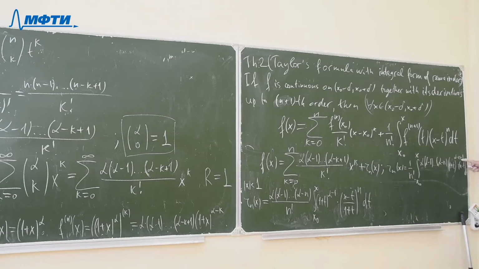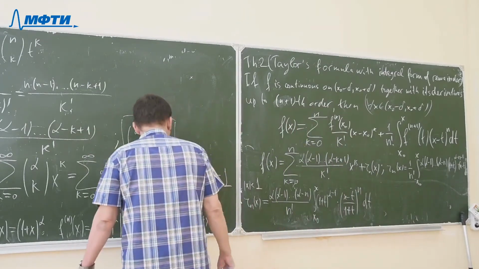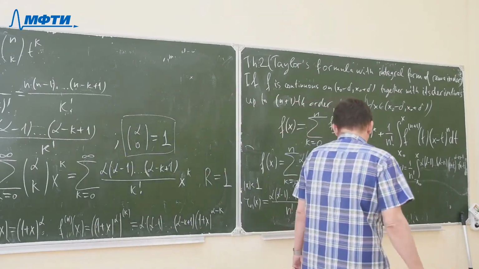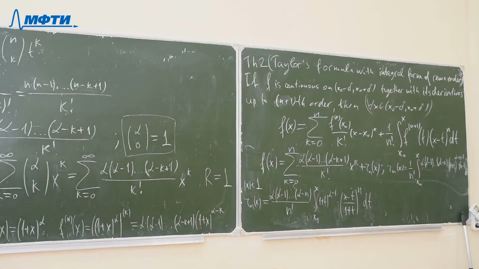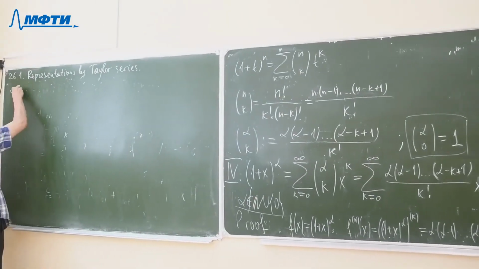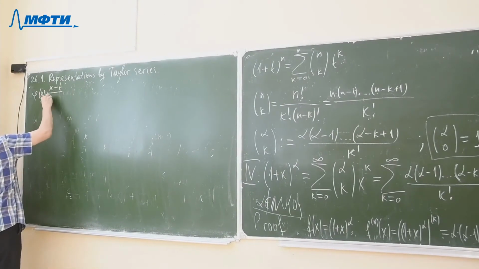So I collect all terms in power n. Now, let us denote phi of t as (x minus t) over (1 plus t).